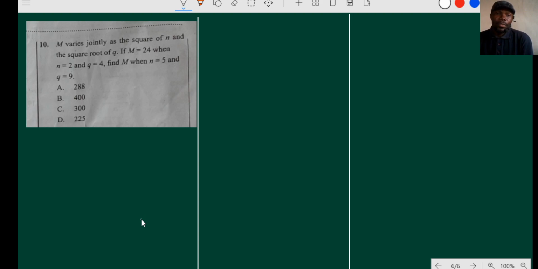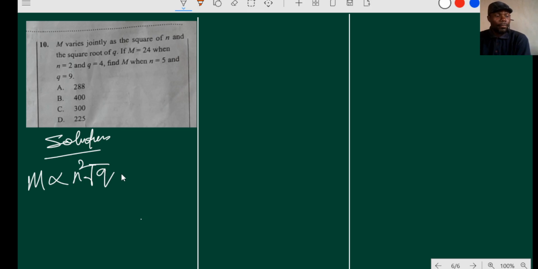If m is equal to 24 when n is equal to 2 and q is equal to 4, find m when n is equal to 5 and q is 9. So in solving a question like this, the mathematical interpretation is that m varies jointly as the square of n and the square root of q. This is just the meaning. So in writing it out mathematically, we have m is equal to k n squared root q.